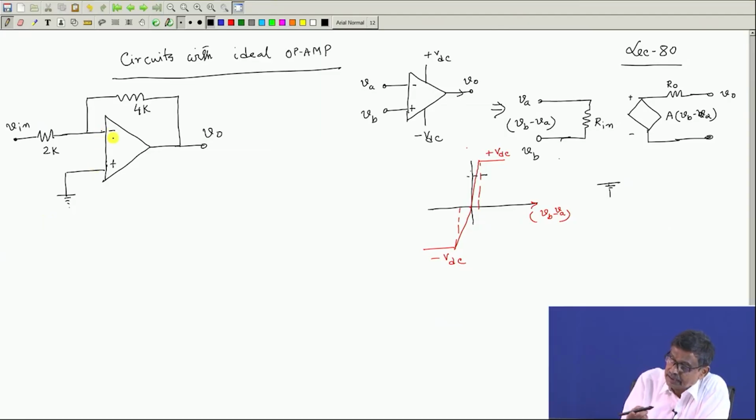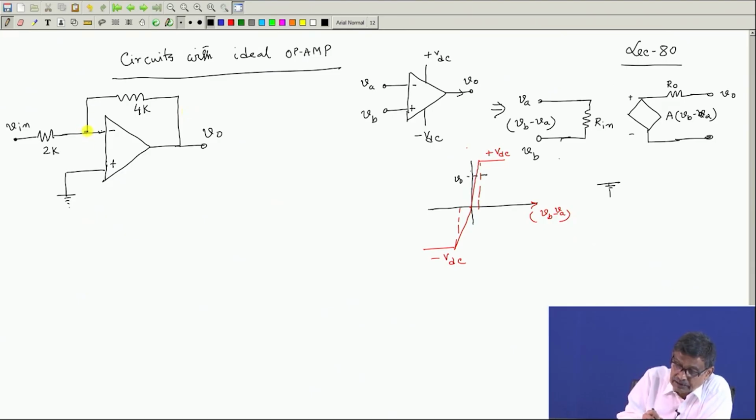If the gain is higher and higher, you will require lesser and lesser voltage between these 2 points. In case of infinite gain, to get a finite output voltage V naught, the voltage necessary will be almost 0. Also the input impedance is very high, therefore no current will be drawn by the op-amp. These are the external things I have connected.